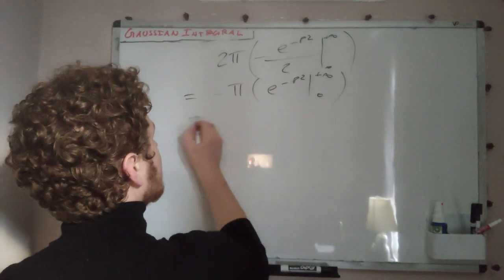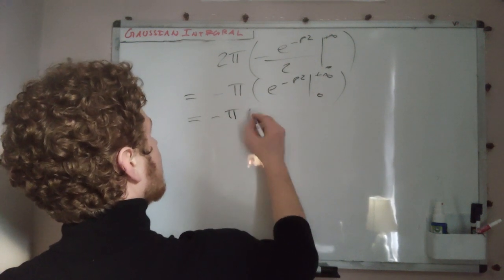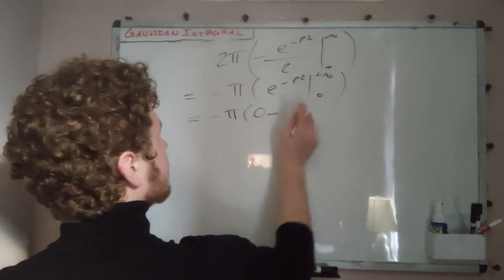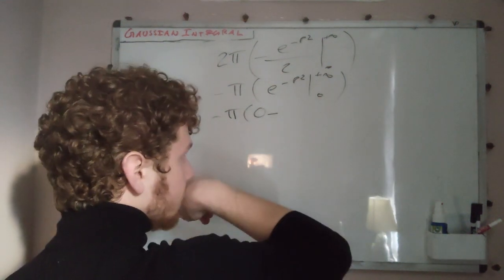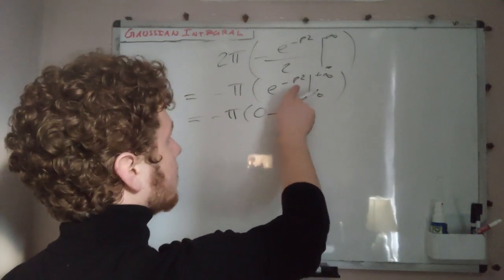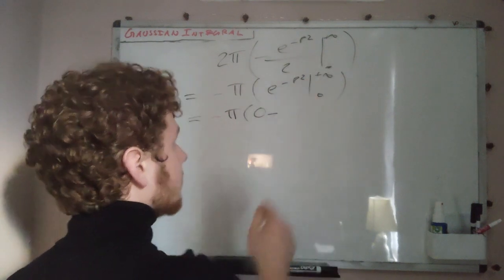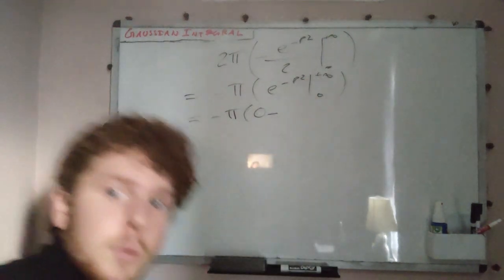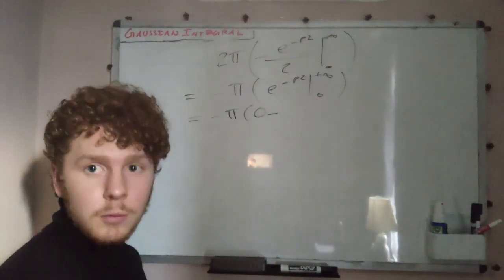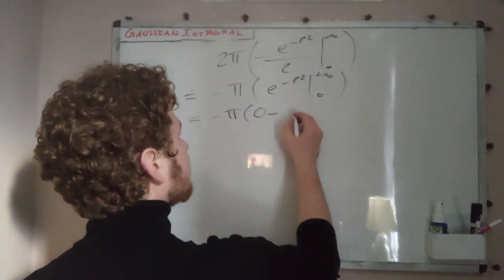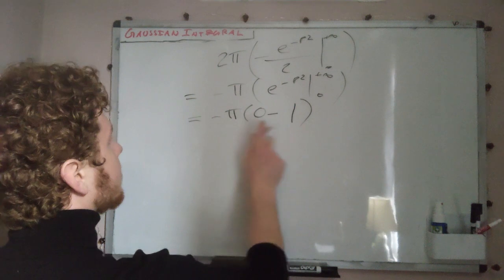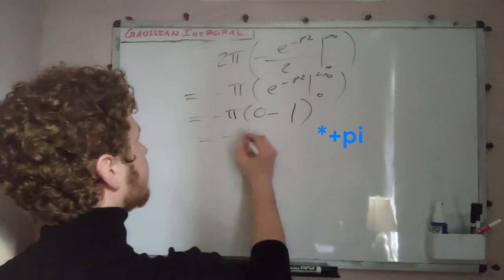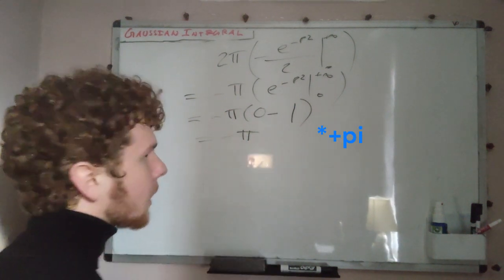So it's negative π times 0 minus, and then this piece here, evaluate at 0: 0 squared is 0, e to the negative 0 is 1 over e to the 0, which is 1, so it's just 1, right? And so then this simplifies to negative π.